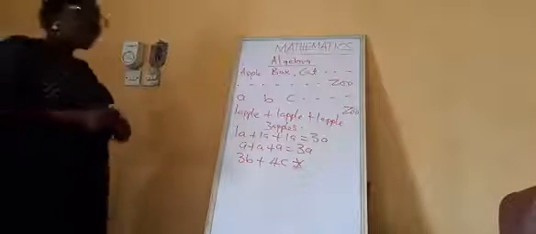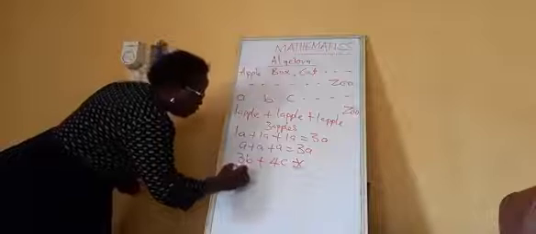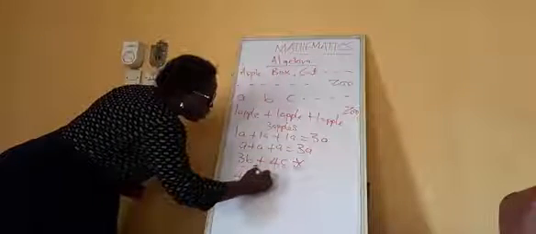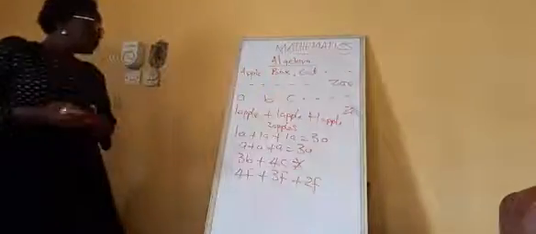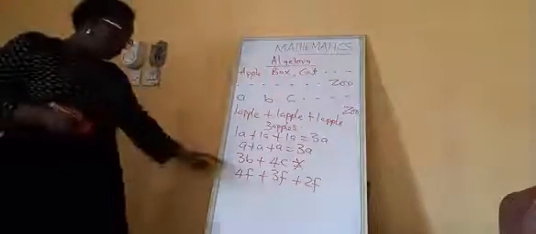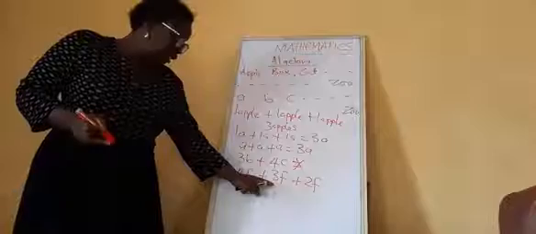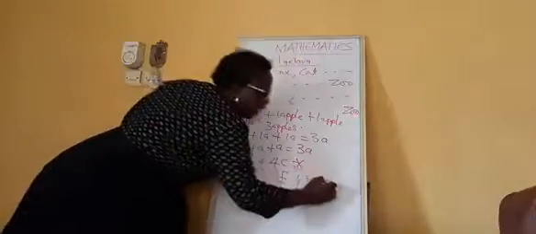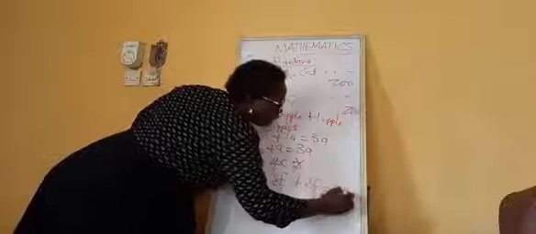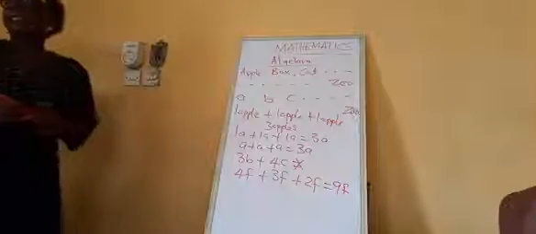But you can add 4F plus 3F plus 2F. So 4 plus 3 is 7, plus 2 is 9. 9F. It's not ordinary 9, but 9F.